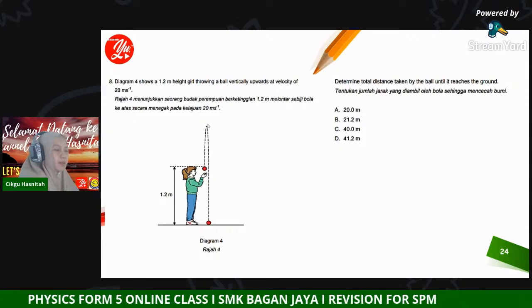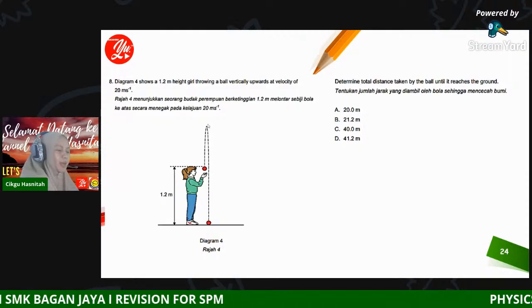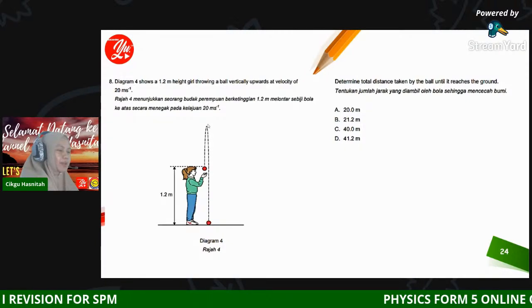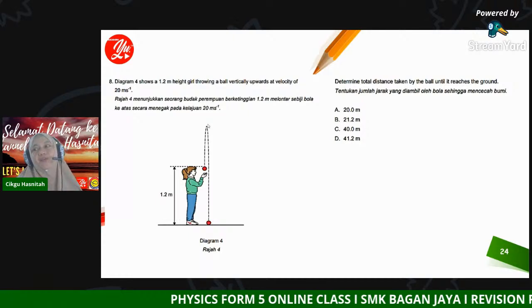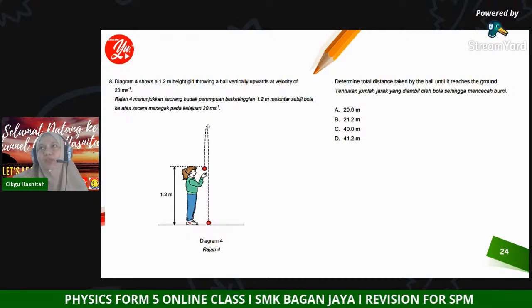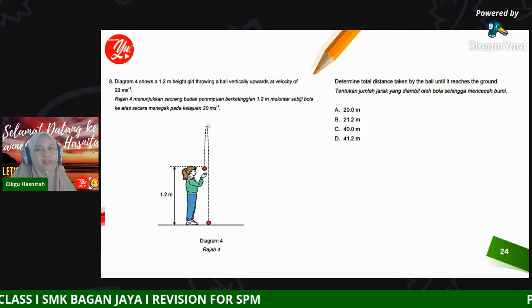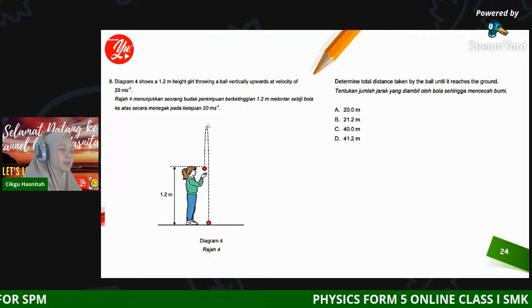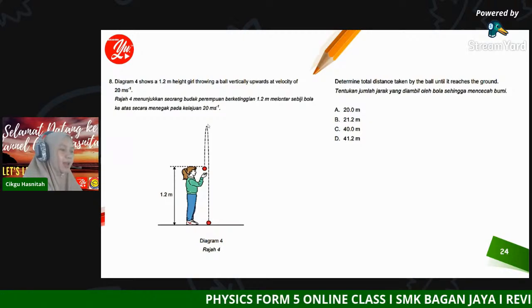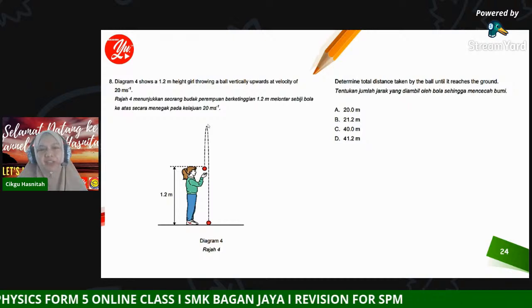U is 20, and you place 2AS. A is the gravity, and now the value is negative. For A, the value is negative because we throw the ball upward, so it is against gravity. So we place a negative 10 and we can find S. Did you get the picture?